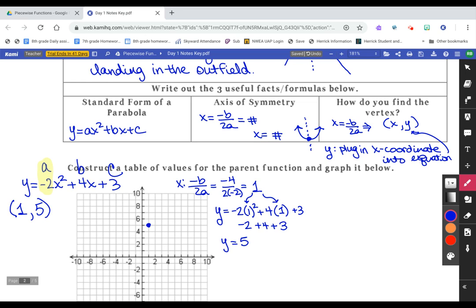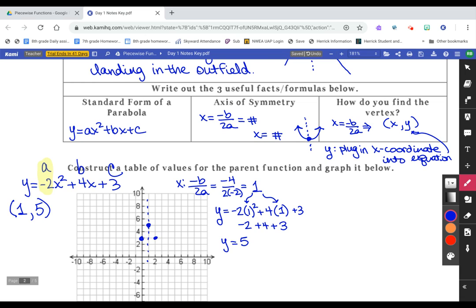So usually you would think of, oh, I'm going to go to the right 1, down 1. But that's not going to be your point, because you have to vertically stretch it by 2. So instead of vertically going down 1, we're now going to vertically go down by 2. So it'd go right 1, down 2. And remember, this is your axis of symmetry, so it'll be symmetrical on this side. Left 1, down 2.